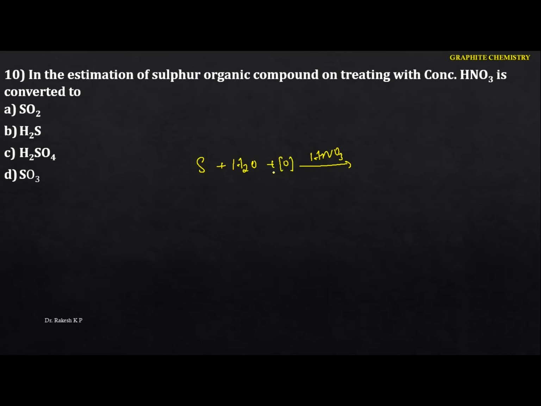Hence the sulfur is oxidized to sulfuric acid. This is the reaction taking place during the estimation of sulfur by the Carius method. Hence in this case the option is C.